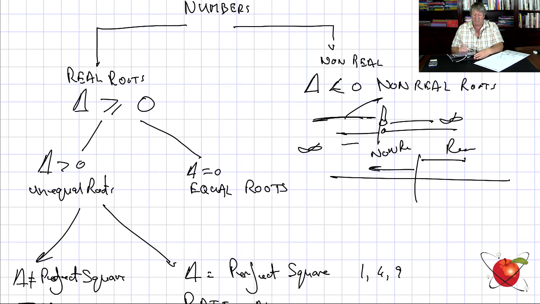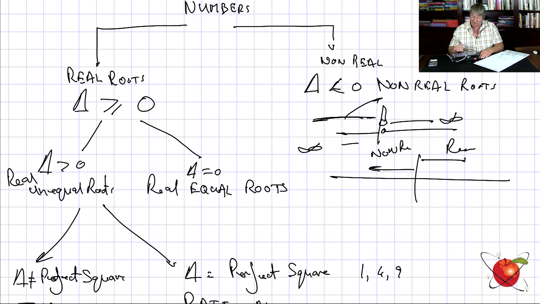The only other thing delta can be is greater than or equal to 0, which means I've got real roots. The next step is to split the greater than or equal to 0 into greater than 0 and equal to 0. If it's equal to 0, I have equal roots. So over here, these are going to be real equal roots, and over here, they're going to be real unequal roots.